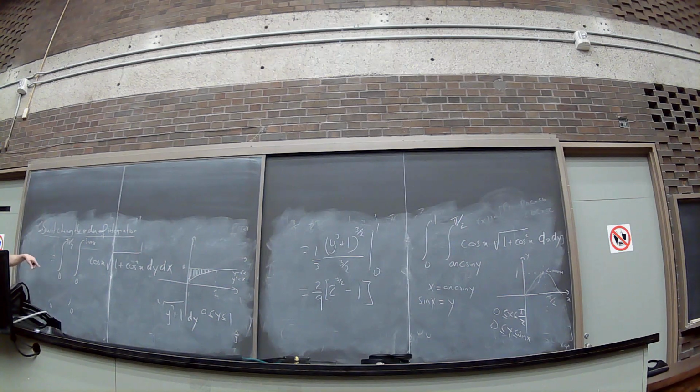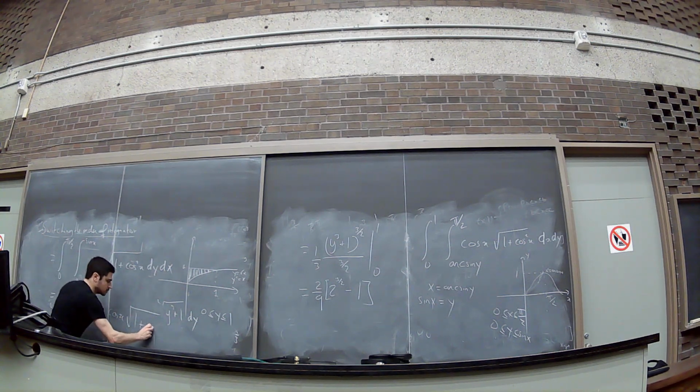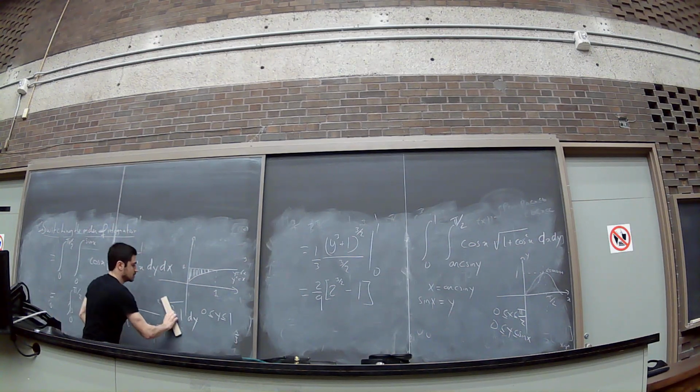Great. So let's integrate that. This is a constant with respect to y. When I integrate from 0 to sine x, what do I get? I get sine x here. So I have the integral from 0 to pi over 2 of sine x cos x square root of 1 plus cos squared x dx.